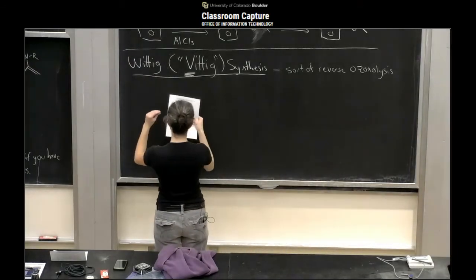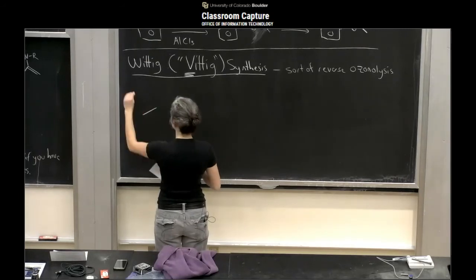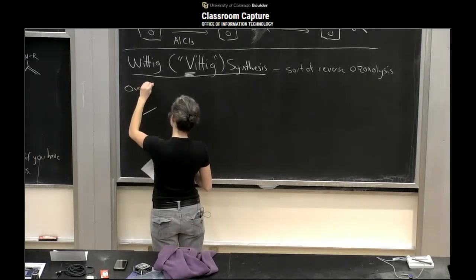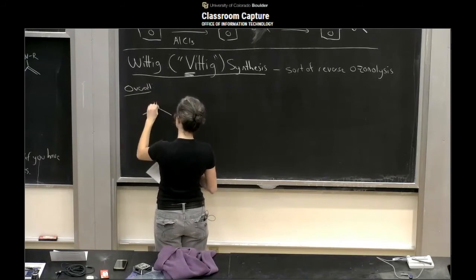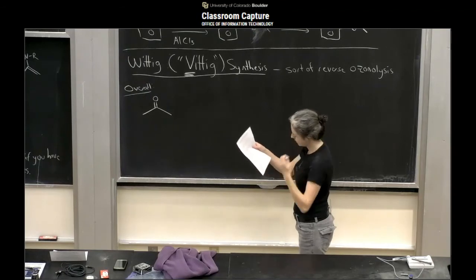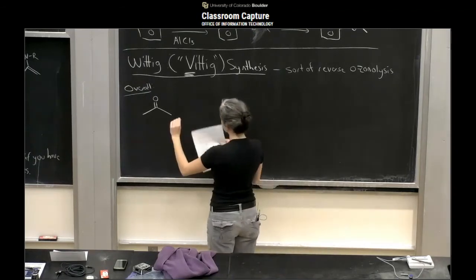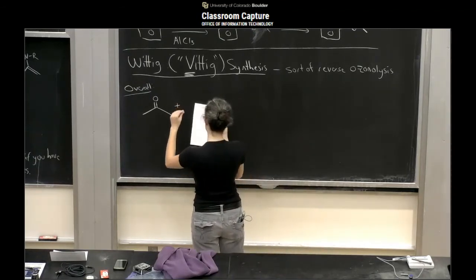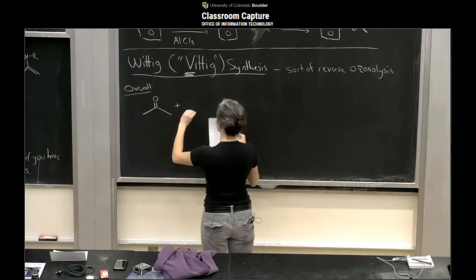Okay, so here's how we're going to set it up overall. We start with our aldehyde or ketone, and we're going to bring in another reagent, and I'll explain more about this in a second.